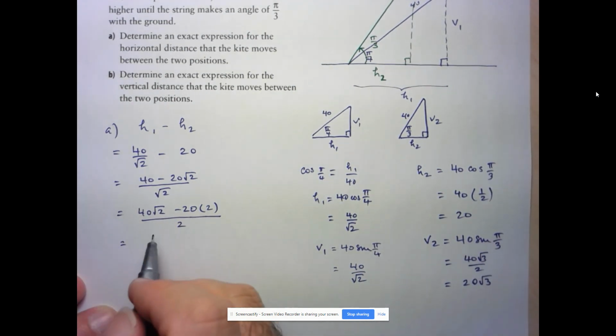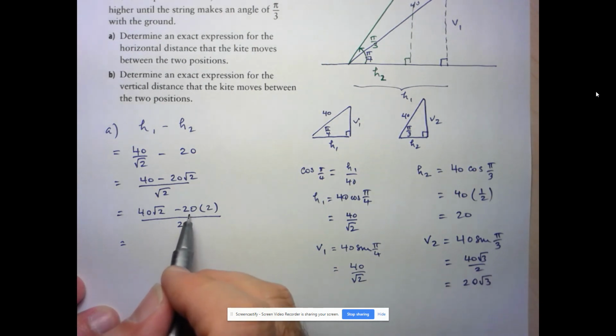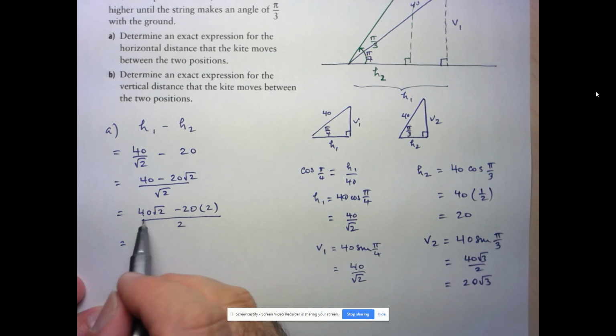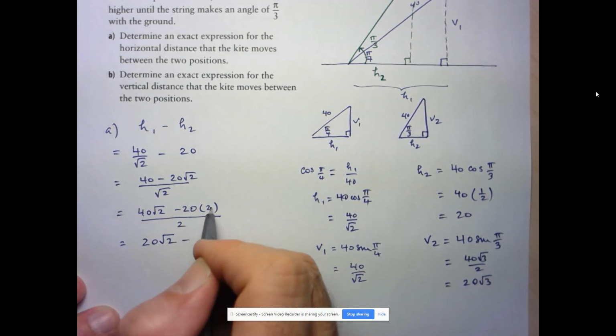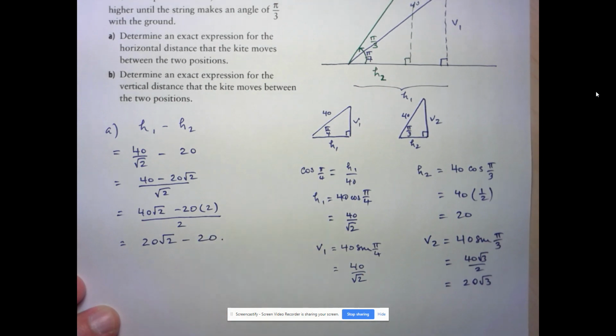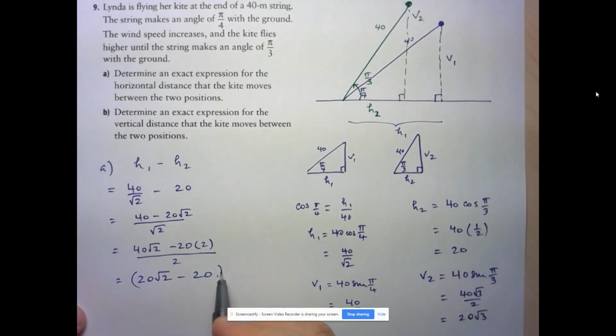And so here we can distribute this division by 2 to both of these. So this will be 20 root 2 minus, and those will cancel out, so minus 20. And there you have it. So this is the change in the horizontal distances. We should specify that this is in meters.